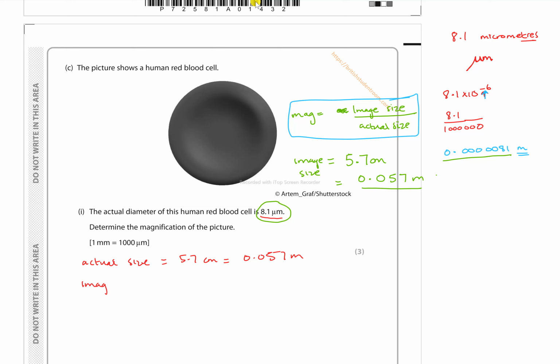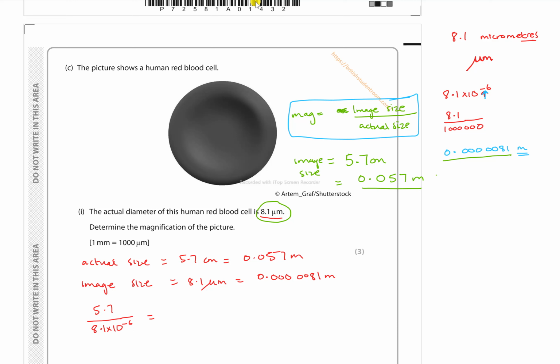Image size, let's convert it to 8.1 micrometers, and then you have a nought point and the zeros in meters. I'm gonna have to check this. Then the actual calculation is 5.7 divided by, I'm gonna be a bit cheeky and use that number instead.